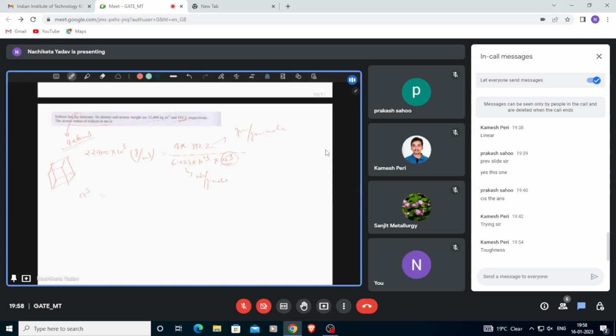From here you can get the volume, and for FCC we already know the relation between a and atomic radius: a root 2 equal to 4R. So R will be equal to a root 2 by 4. So from here you can calculate the atomic radius.